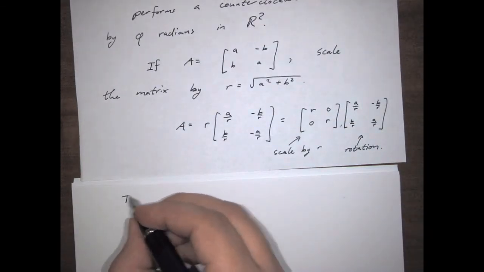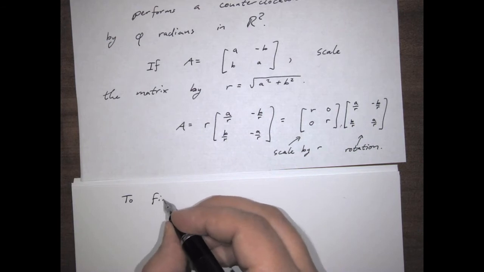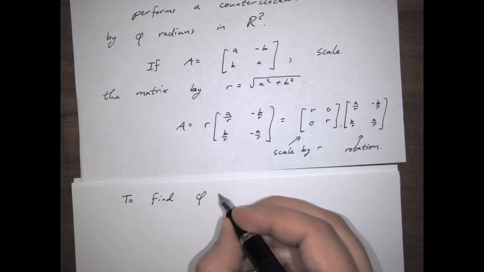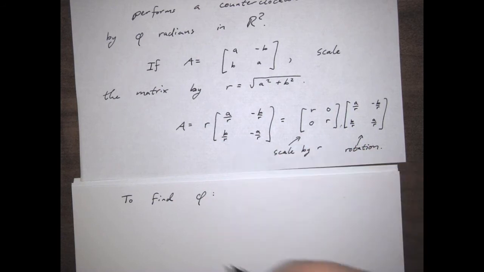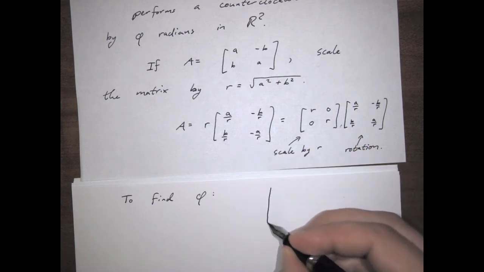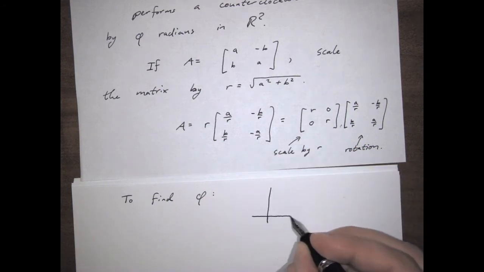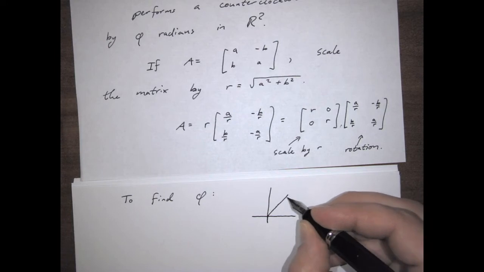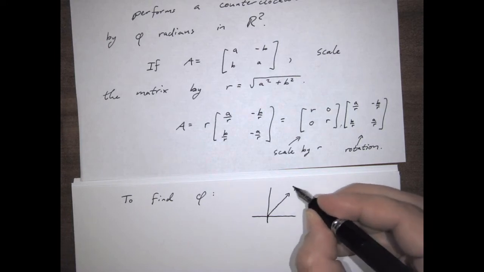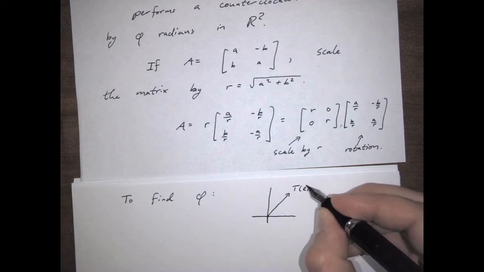So to find phi, the easiest thing is to recall that (a, b) is where the image of e1 would be.